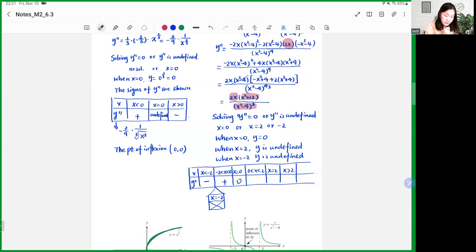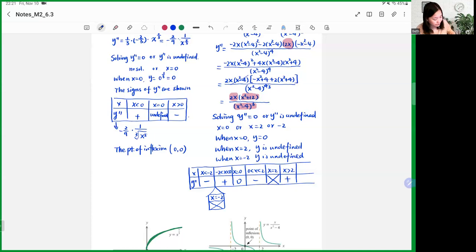And this one is 0. This one, from 0 to 2, that is positive, negative, negative. And this one is crossed, does not exist. And then bigger than 2, positive.